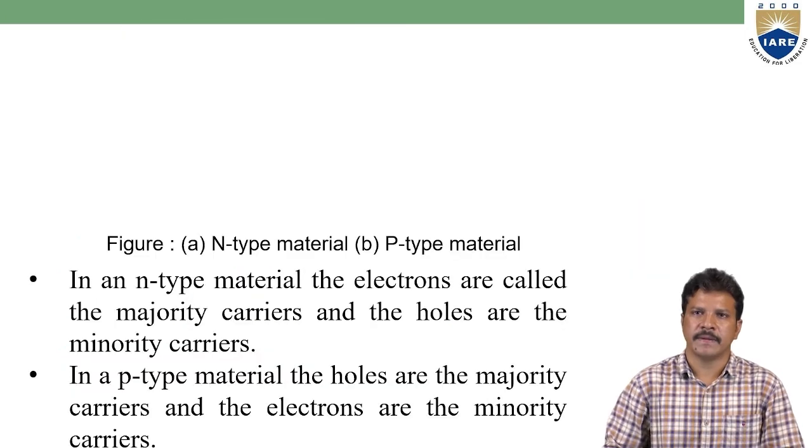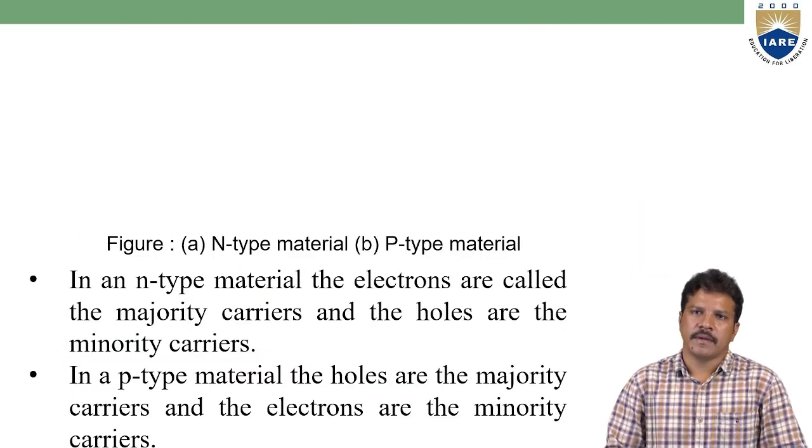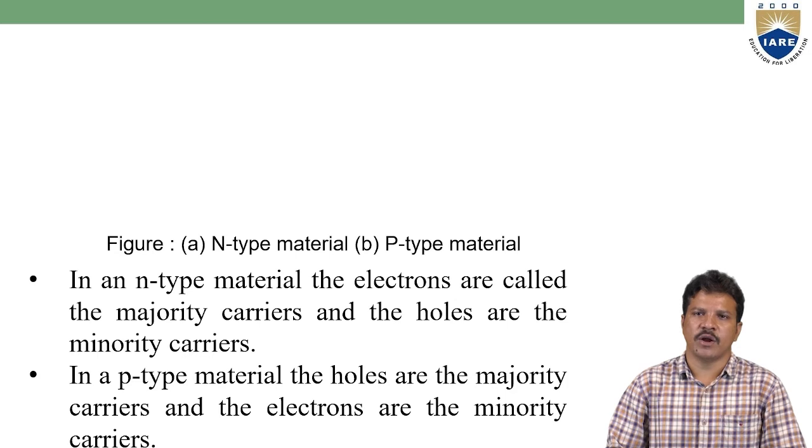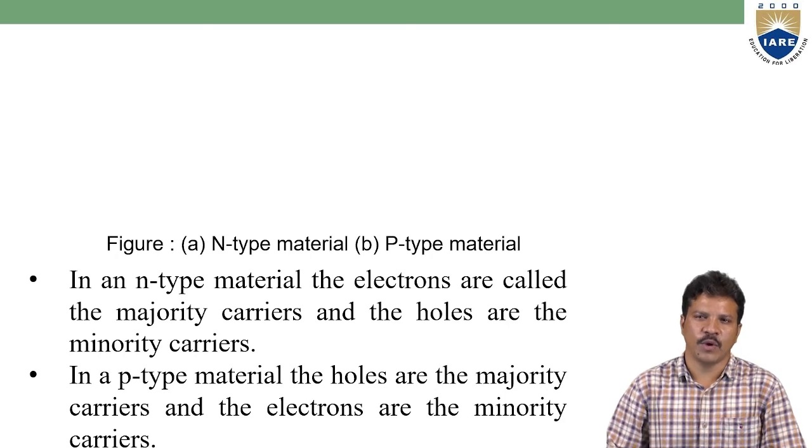Because of that, in n-type material the electrons are called majority carriers and holes are minority carriers, whereas in p-type material the holes are majority carriers and the electrons are minority carriers.